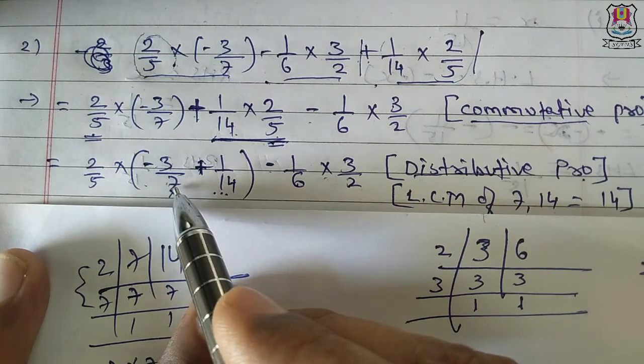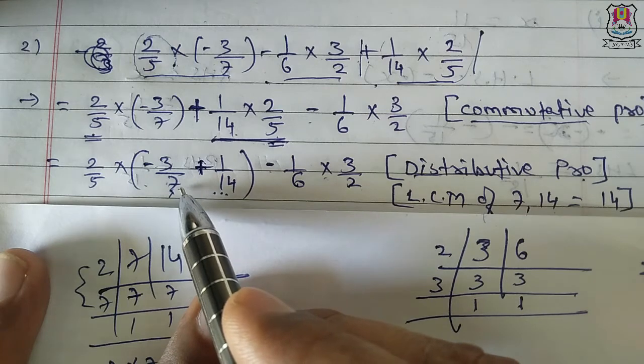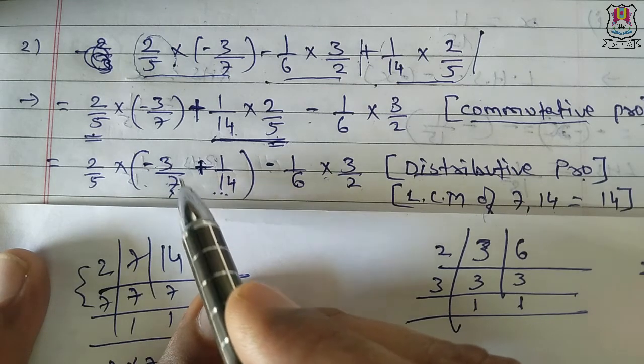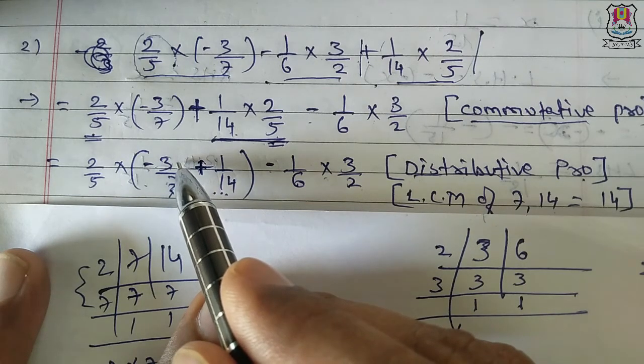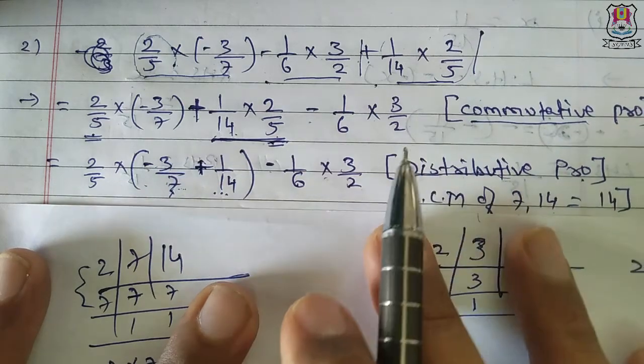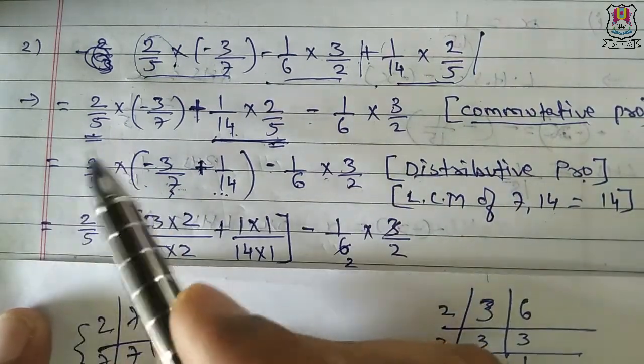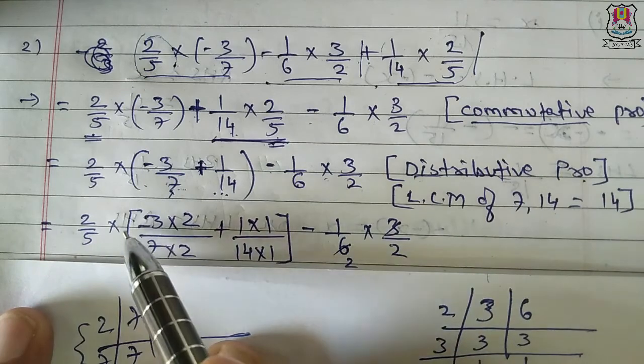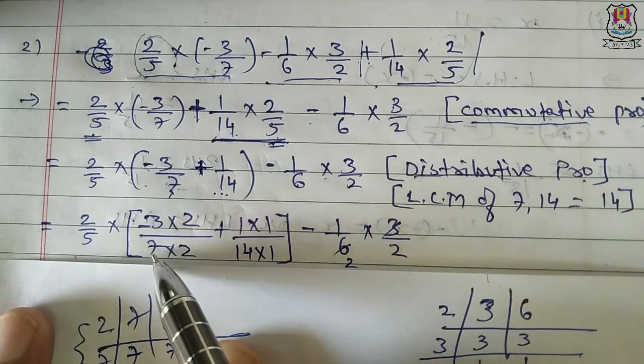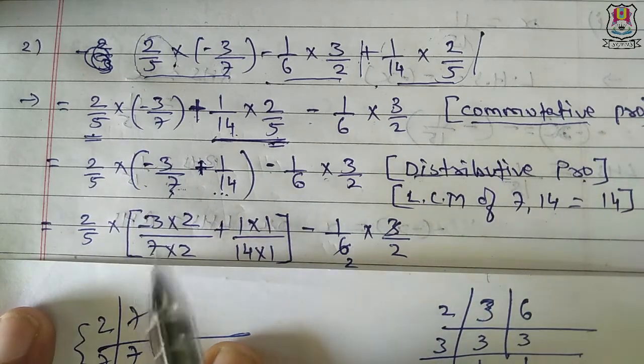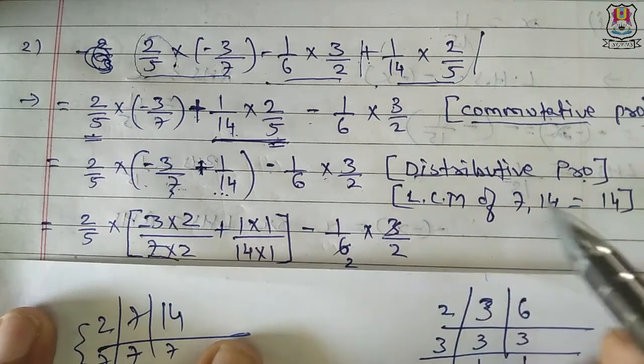So 7 multiplied by 2 is 14. And when we multiply this 7 by 2, we also have to multiply the numerator by 2. Let's see in the next step. So 2 upon 5 as it is, multiplied by minus 3 upon 7, because I want to make this denominator 14, because the LCM is 14.